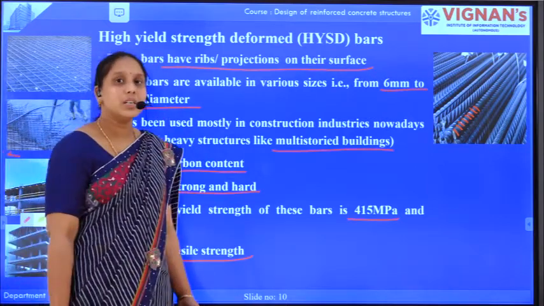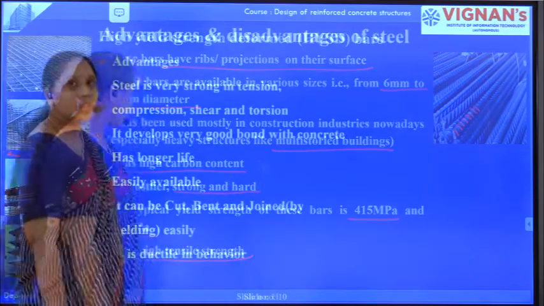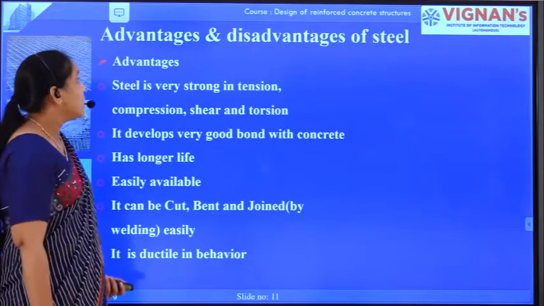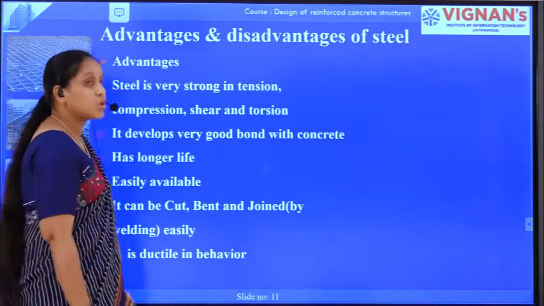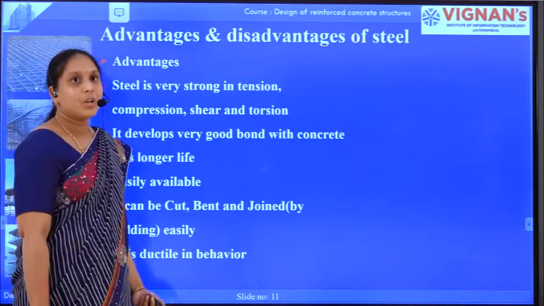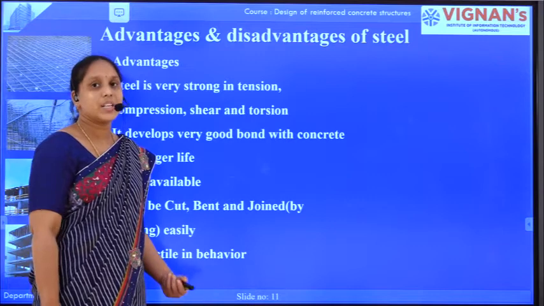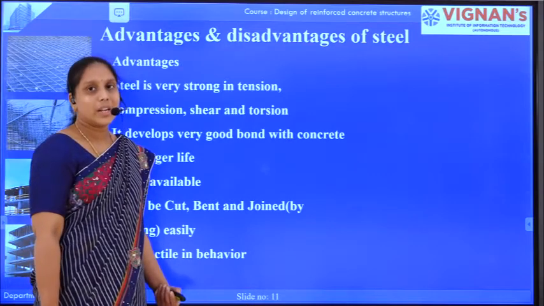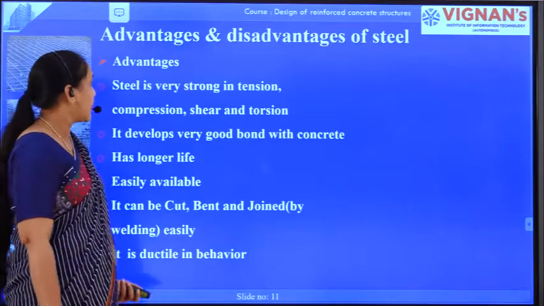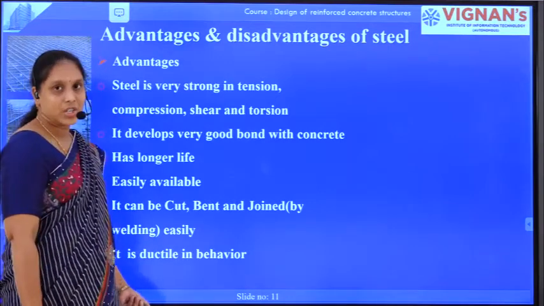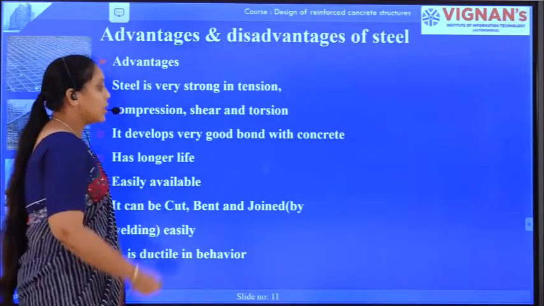Now let us see the advantages and disadvantages of steel. So what are the advantages? Steel is very strong in tension. We have seen the yield strength, that is, steel has very good tensile property. The advantage is that steel is very strong in tension as well as strong in compression, shear and torsion.